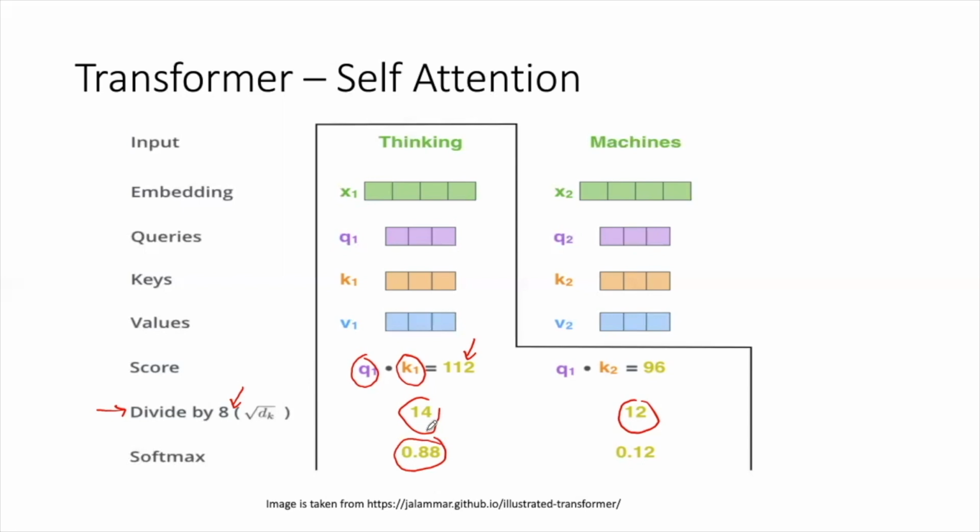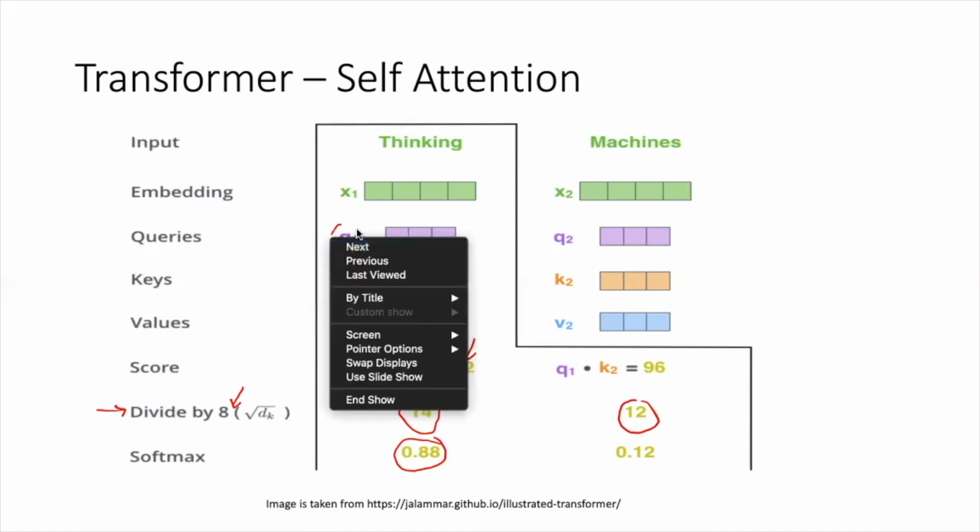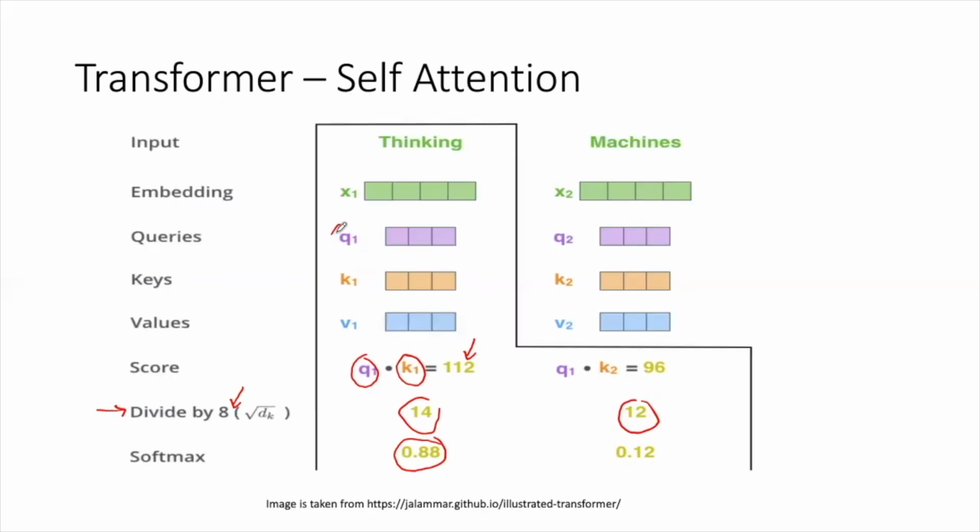So once we compute these similarity scores for this query Q1 with respect to all keys, we take only one Q1 and find out the relevance of various keys. Once we do that, we normalize it and then we get these softmax scores.